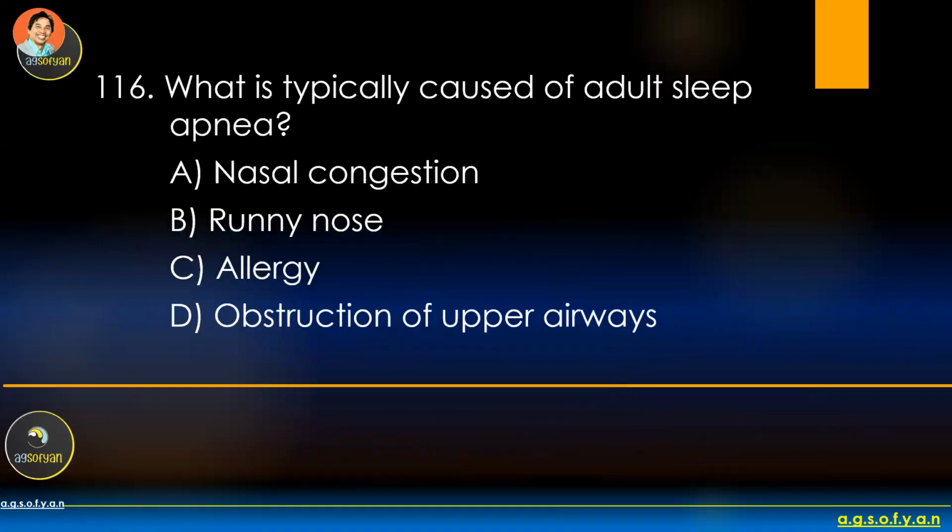What is typically the cause of adult sleep apnea? It's difficult to breathe during sleep, and sometimes there is snoring. What is the possible cause? Usually because of obstructions of the upper airways.